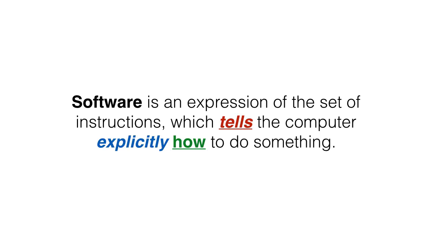The computer's not smart, doesn't think, it can't reason. It's not intuitive. It can't sit and say, well, I think you meant this. Oh, you forgot a step, so I'll just put that in for you. Oh, you typed it this way, but I think you meant it that way. No, it can't do that.